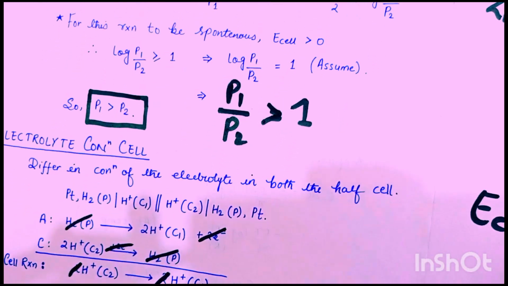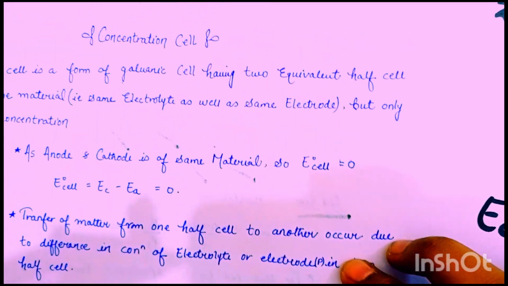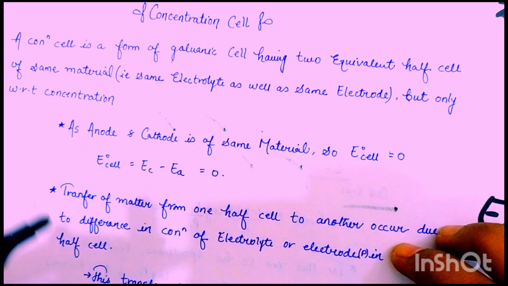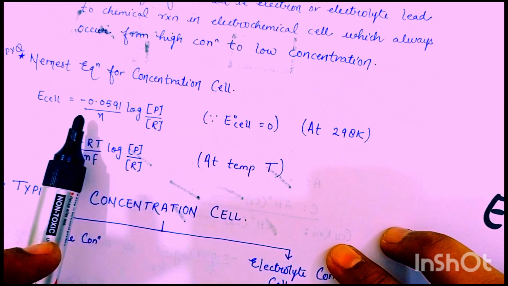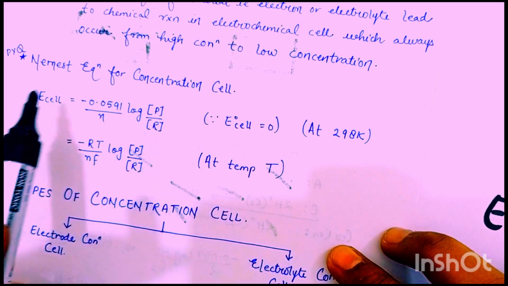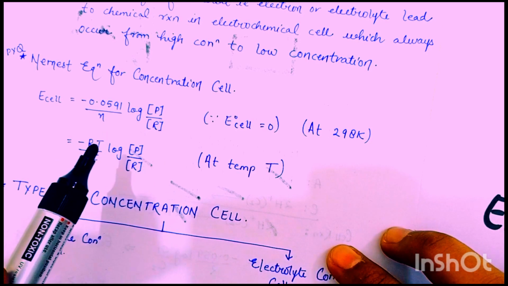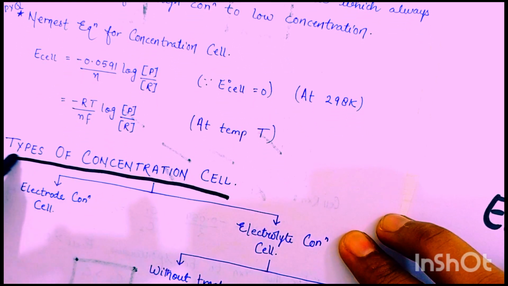Okay, it's all about the concentration cell. Let's revise what a concentration cell is, where the electrode is made up of the same material and has the same type of electrolytic solution, with the only difference in their concentration. E0 cell is 0. After that we reach a special form of the Nernst equation where E0 cell is 0. So we write the concentration cell equation in terms of Nernst as you already know.